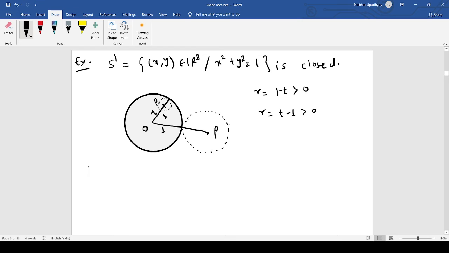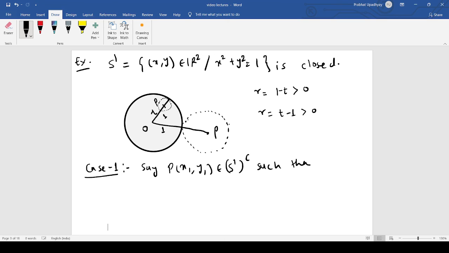So case 1, say P with coordinates x1, y1 belongs to S1 complement such that x1 square plus y1 square is strictly less than 1. That means my P lies inside the unit circle.